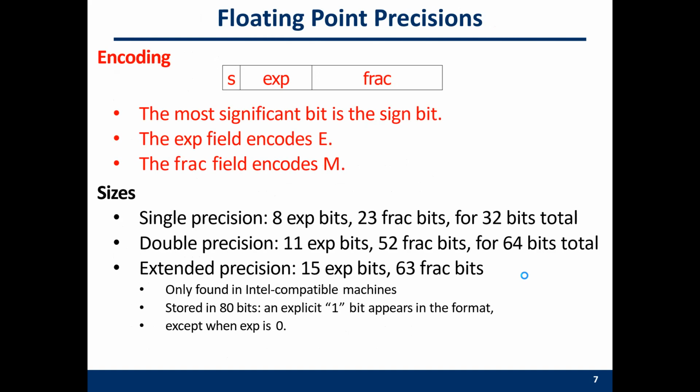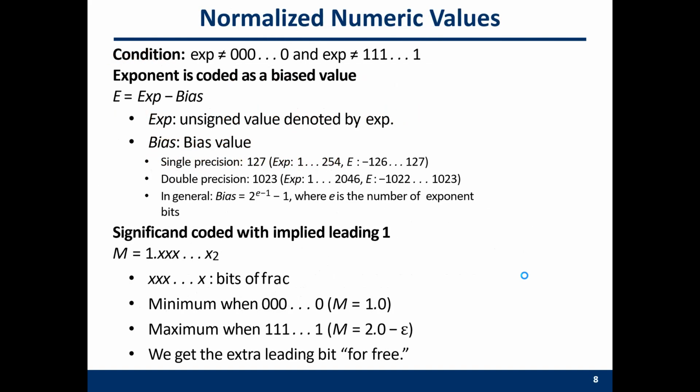So if you have 11 bits for the EXP, the 11 bits can represent from 0 to 2 to the 11 minus 1. But it cannot be all zeros, and it cannot be all ones.